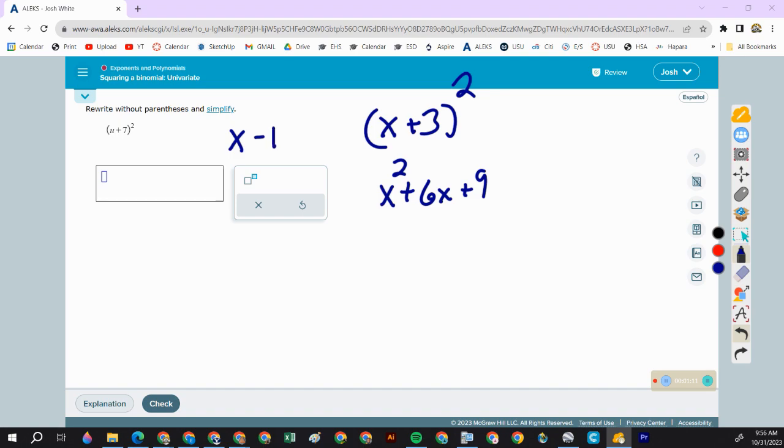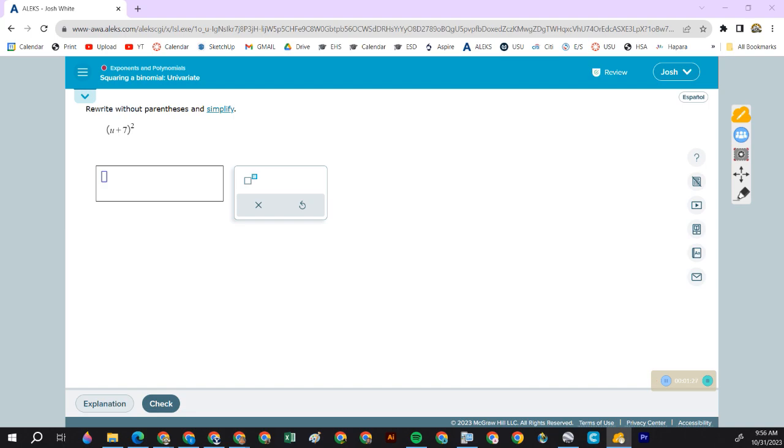If I had x minus 11 squared, it's going to be x squared minus 22x plus 121. Got it? All right.